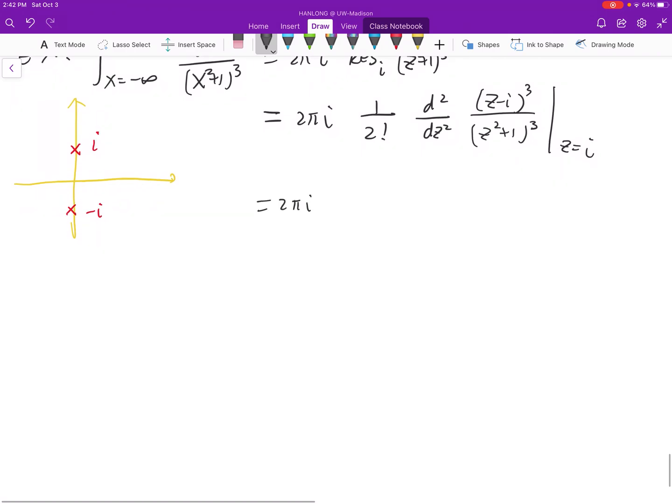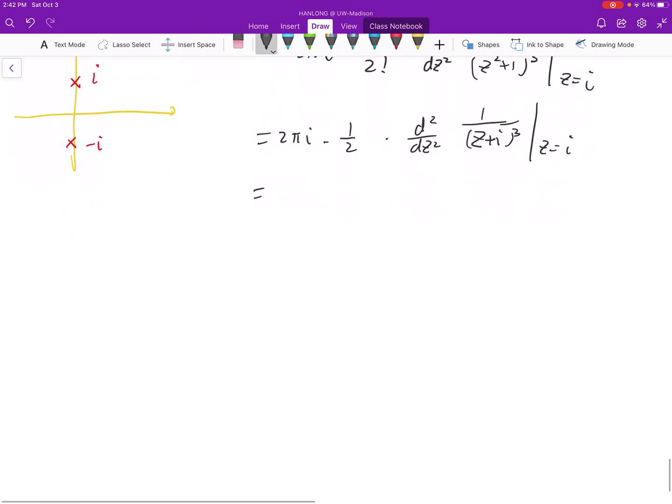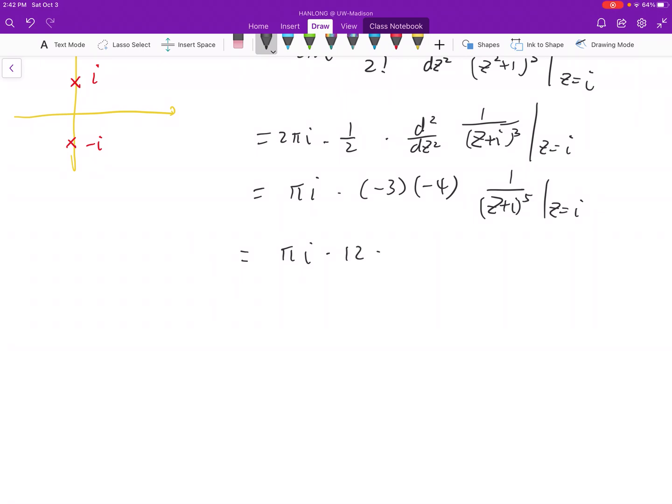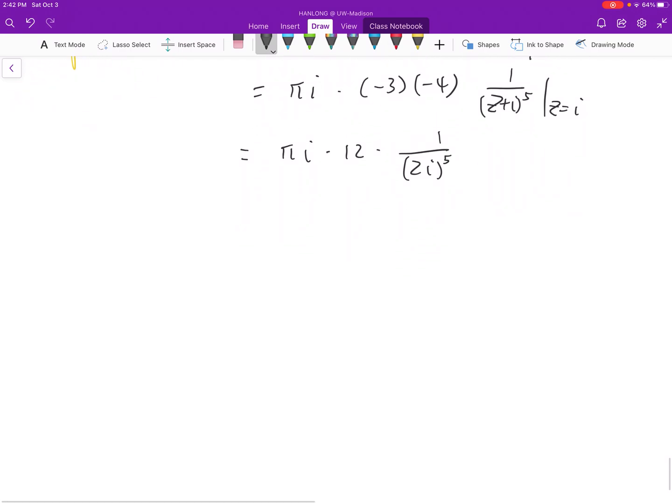That is pi i times the second derivative of 1 over (z plus i) cubed evaluated at the pole, which is pi i times 12 times 1 over (2i) to the 5th. So it's 12 pi divided by 32, which is 3 pi over 8.